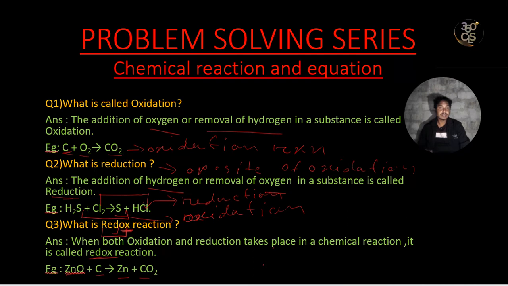carbon dioxide. So zinc oxide, okay, carbon is taking oxygen from zinc oxide. So addition of oxygen is called what? Oxidation. So it is oxidation. And zinc oxide to zinc.